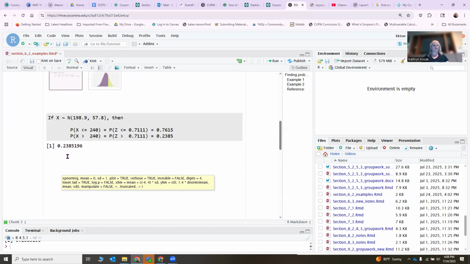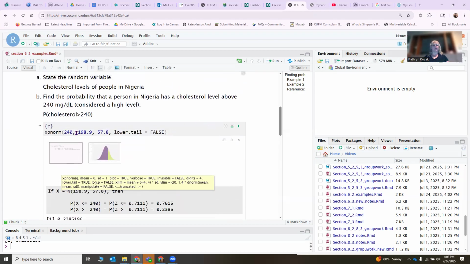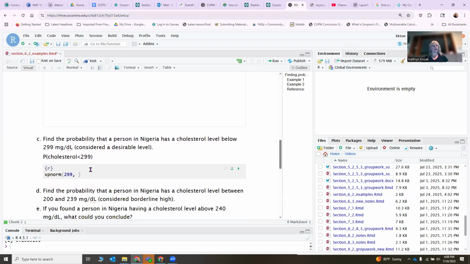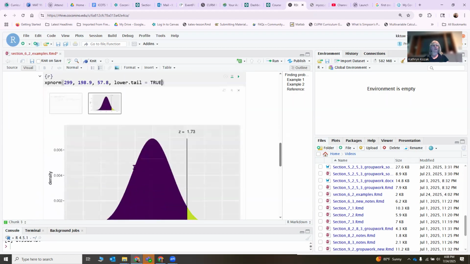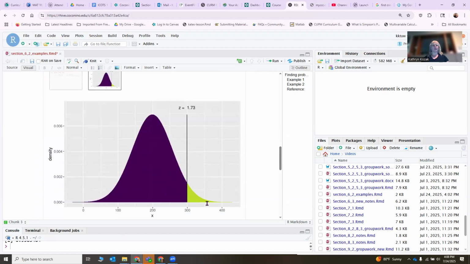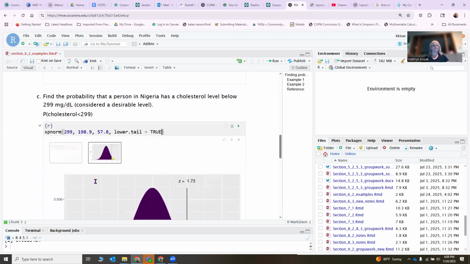My mean is still the 198.9, and my standard deviation is 57.8. So that doesn't change. So I'll just copy and paste them. And then my lower.tail, since we're below, this one is actually true. Again, running that, you can see we're looking at the lower tail here.